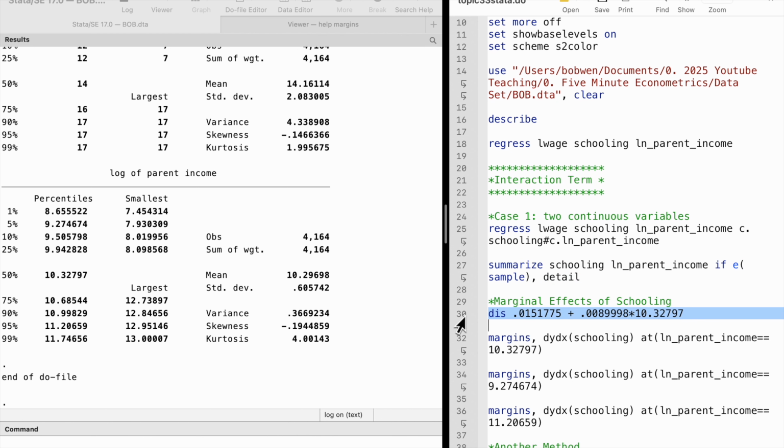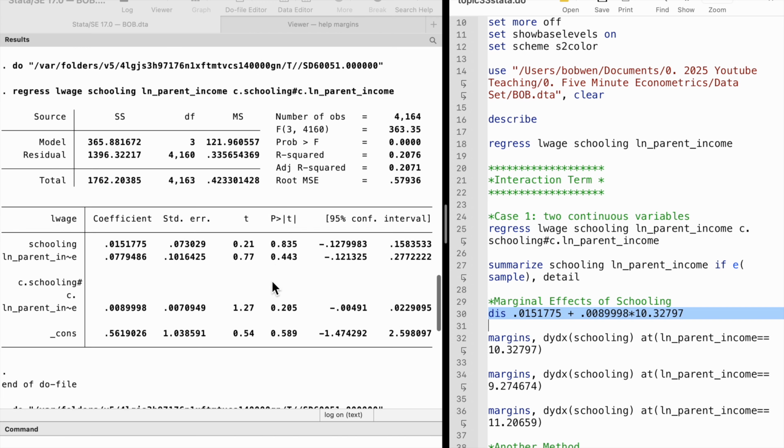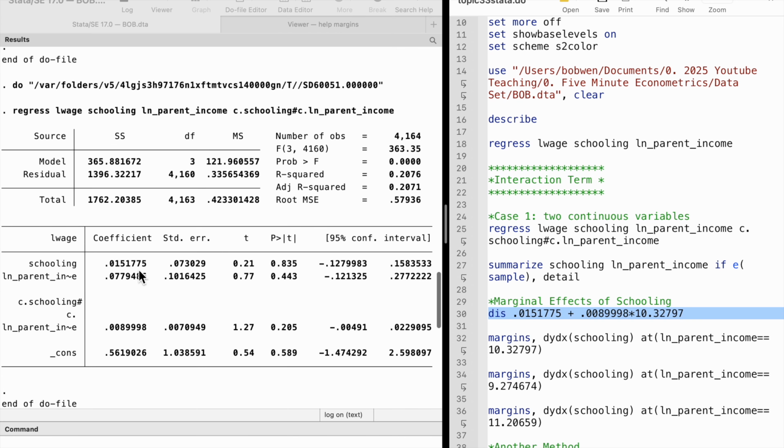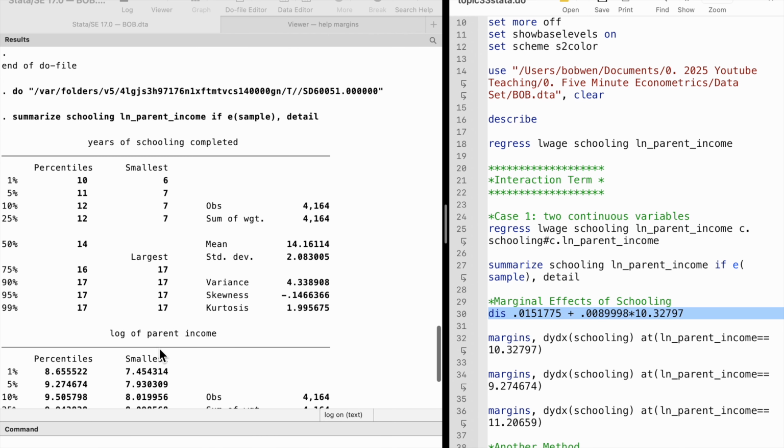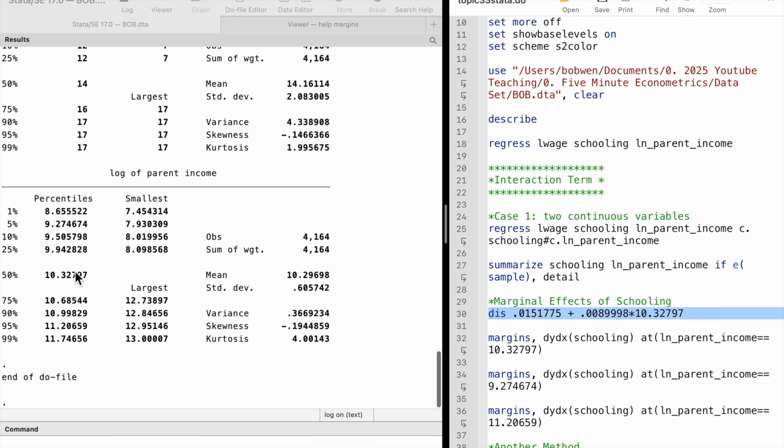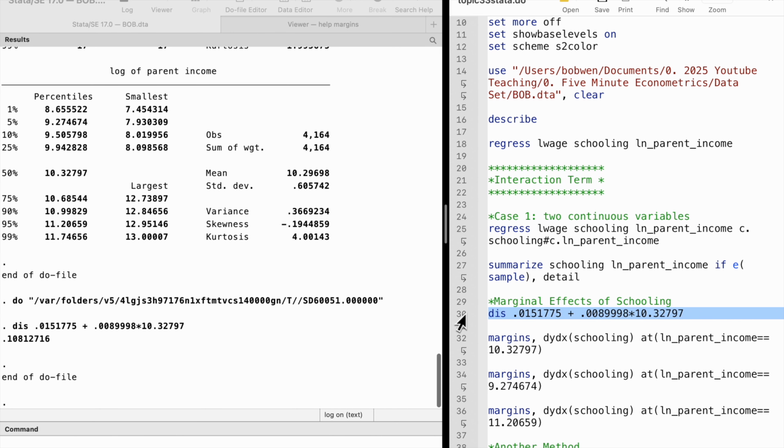Then we can calculate the return to education for these three different percentiles of parents' income. For instance, we want to know the return to education for workers reared by parents with a median income. A simple calculation leads to 0.108.